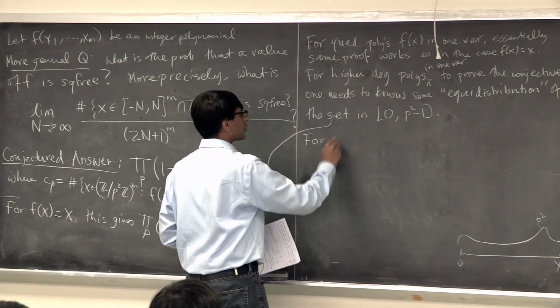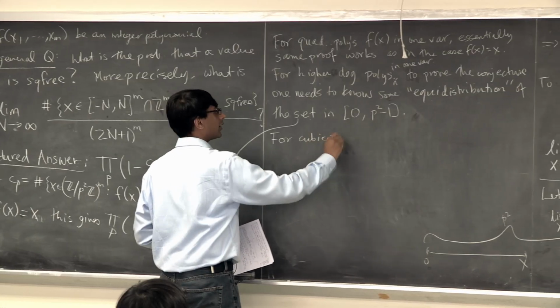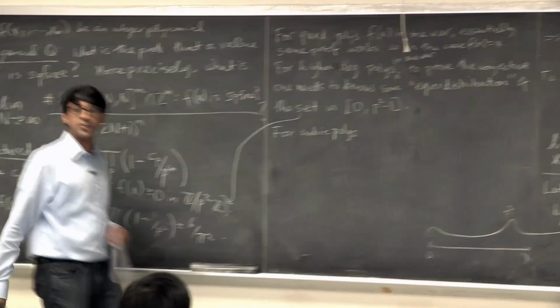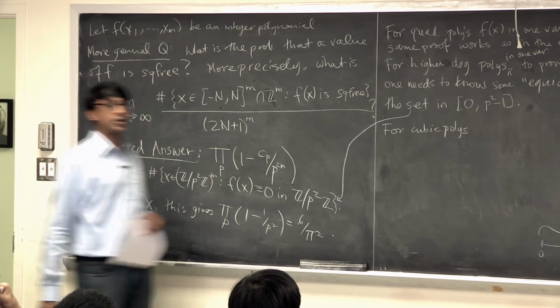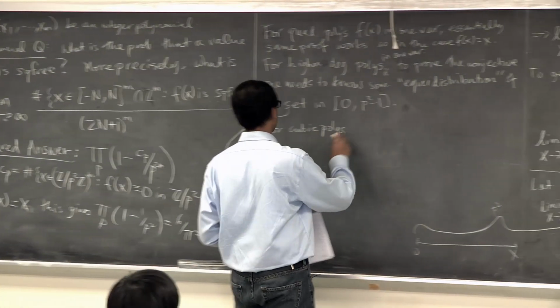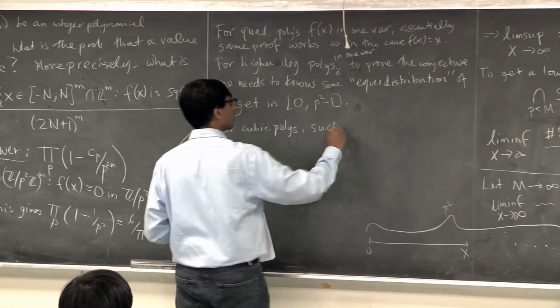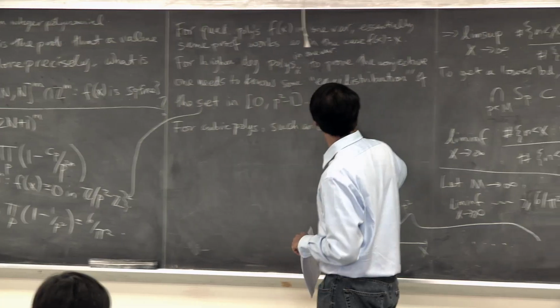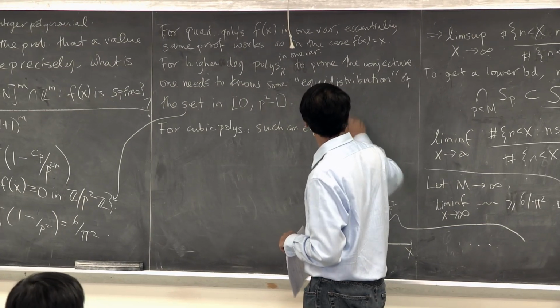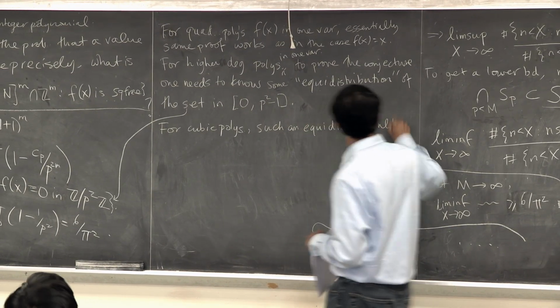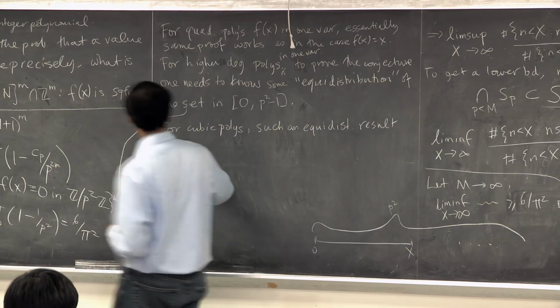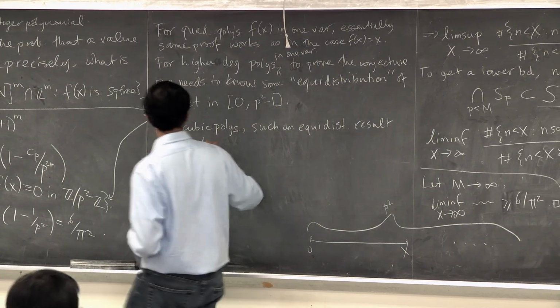So I should mention, for cubic polynomials, you just need a little bit more equidistribution, and that's known due to work of Hooley. So for cubic polynomials, that equidistribution result exists due to Hooley.